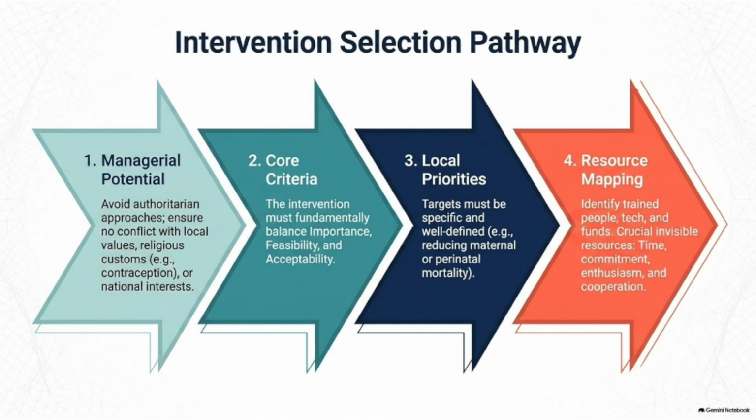Once this data is gathered, the intervention selection pathway follows 4 steps. The first is managerial potential, avoiding authoritarian approaches and ensuring no conflict with local values, religious customs, such as attitudes toward contraception or national interests. The second is core criteria, where the intervention must fundamentally balance importance, feasibility, and acceptability.